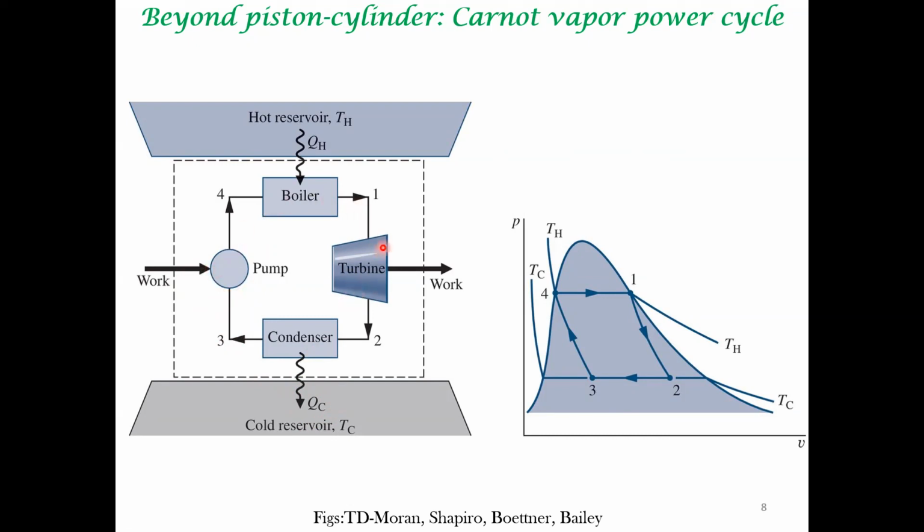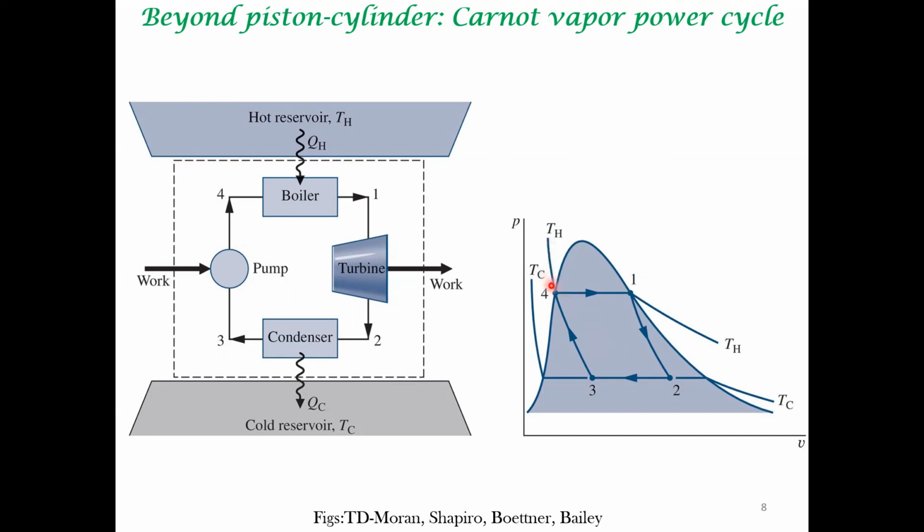So this goes beyond a piston cylinder, and this Carnot vapor cycle can be represented in the PV diagram again. We've already seen how to represent all these processes in the PV diagram.